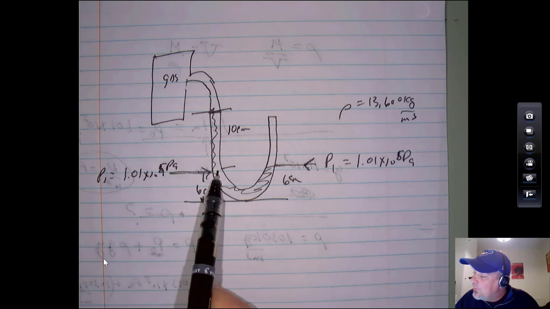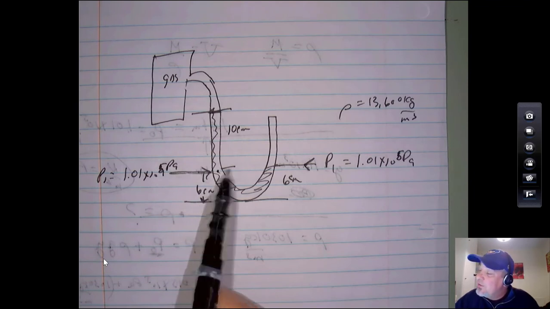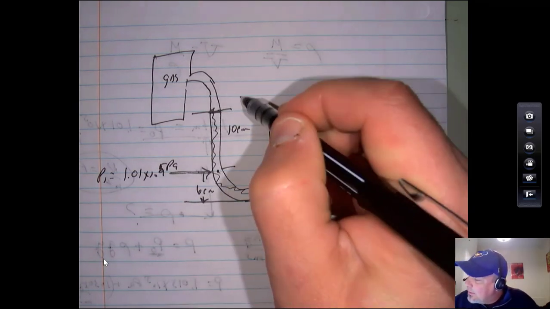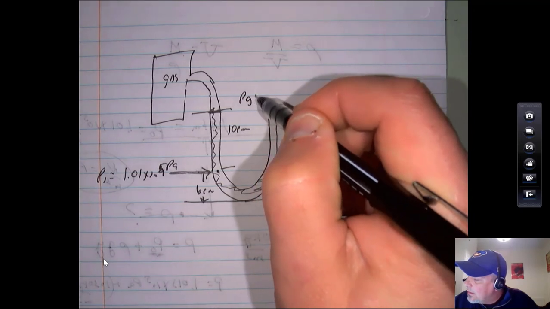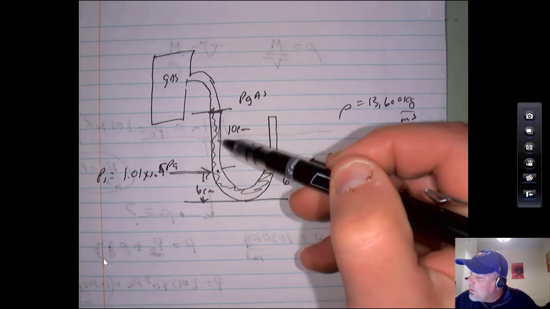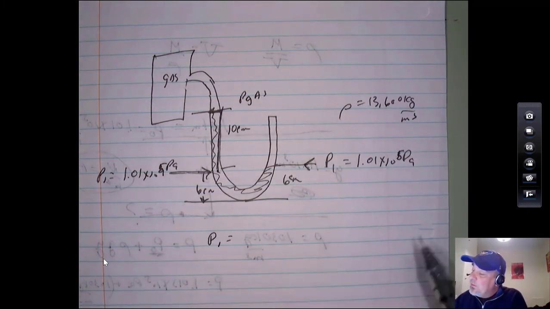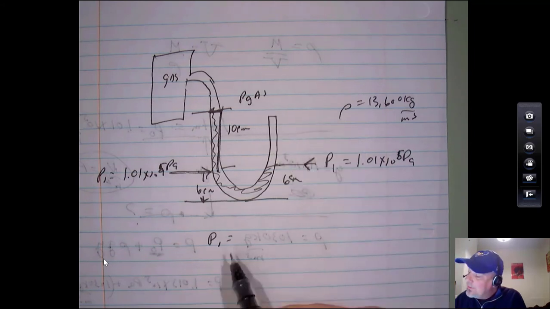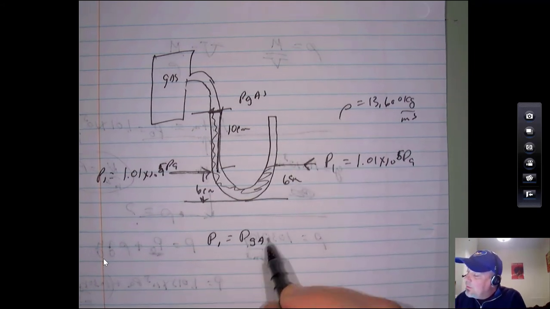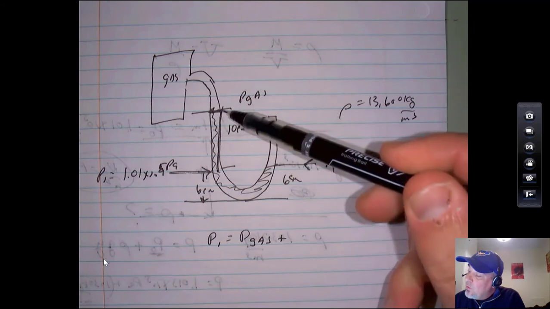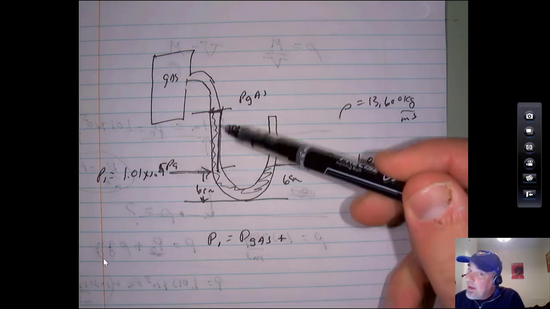The pressure here is equal to the pressure here plus rho g h of this column. So let me write out what I've just said. P1, pressure at depth, is equal to the pressure at the top, that's the gas pressure, plus rho g y of this column.